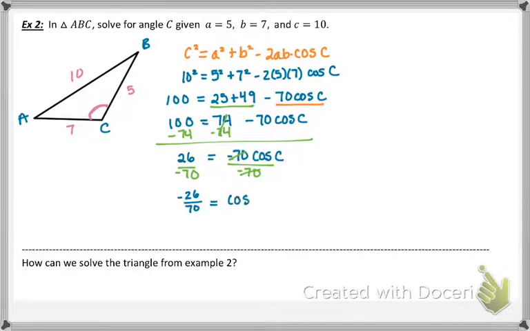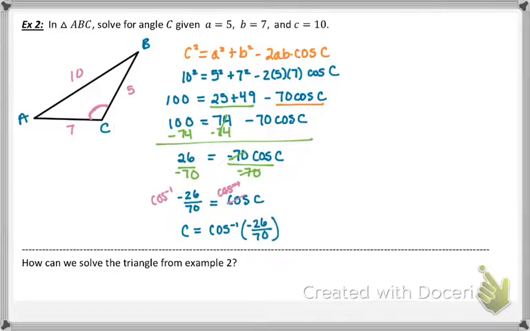Equals the cosine of angle C, and then finally to solve for angle C, we're going to get rid of cosine by taking the cosine inverse of both sides. And so angle C is going to be equal to, in my calculator, I'm going to type in the cosine inverse of negative 26 over 70.